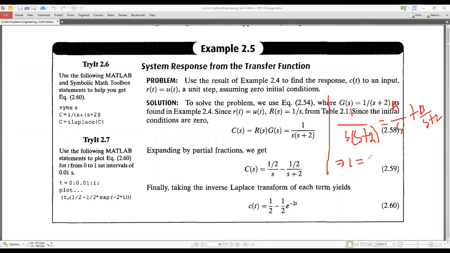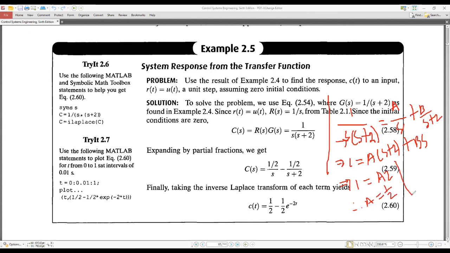Then here A into (s plus 2) plus B into s. If you multiply both sides by this, then you will get this. Now put s equal to 0. Then it would be A into 2, this is 0, so A would be half.